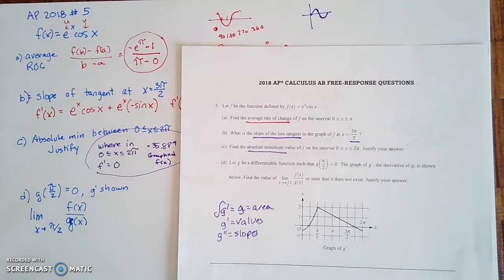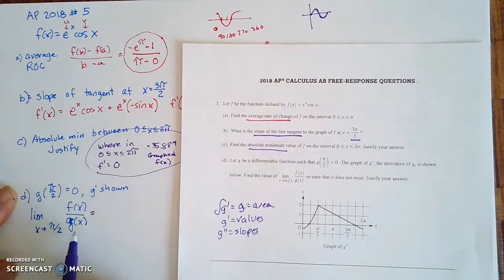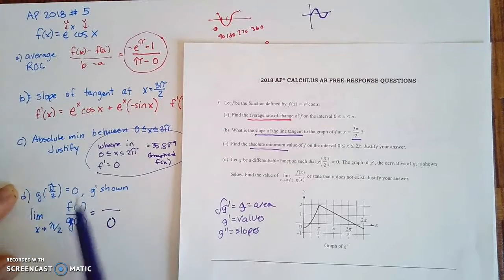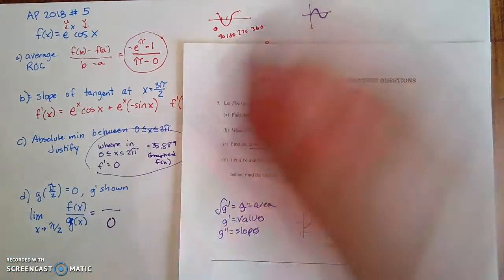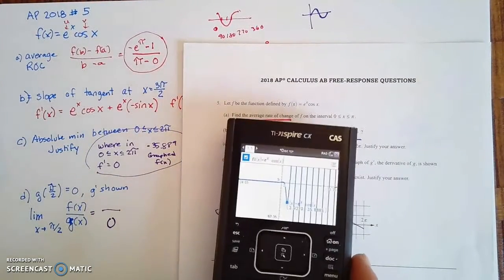So let's fill this information in. To find the limit of something, we just put in a number. So put pi over 2 into the bottom of the fraction. Oh, and we get 0 on the bottom. Okay, now we have to find out what f of x is equal to as x approaches pi over 2. I can do it right in the calculator. I graphed it.